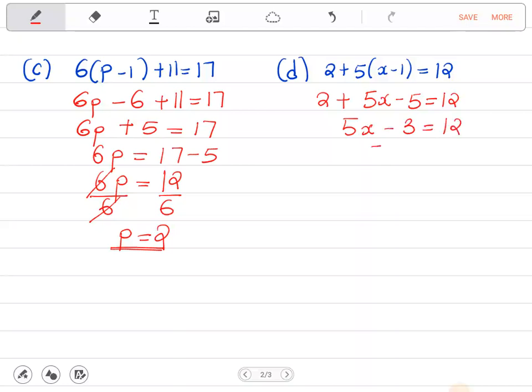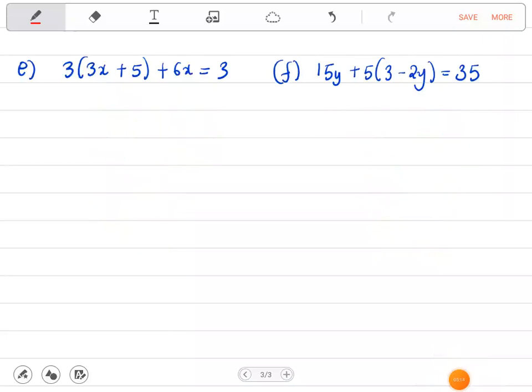So what we have? 5x is equal to 12 plus what? 3. We end up getting x and a 5 and a 15 on the other side. Then once you reach here, the equation is done. Like that. Alright, so we have what? 3.